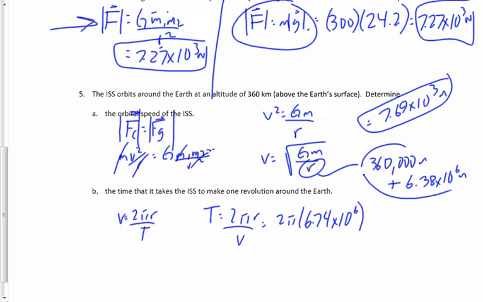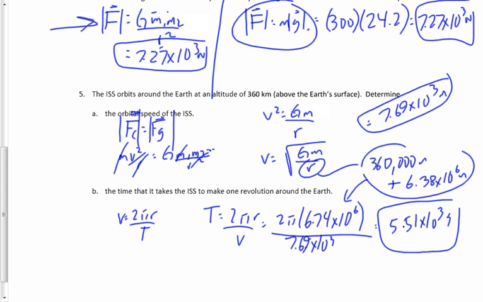These two numbers combined, divided by the speed, 7.69 times 10 to the 3, we just got 5.51 times 10 to the 3 seconds. Hey, look at that number. About an hour and a half. It takes an hour and a half for the space station to go around the Earth.